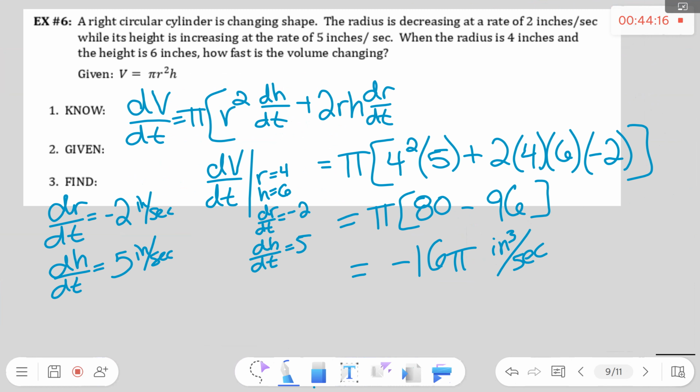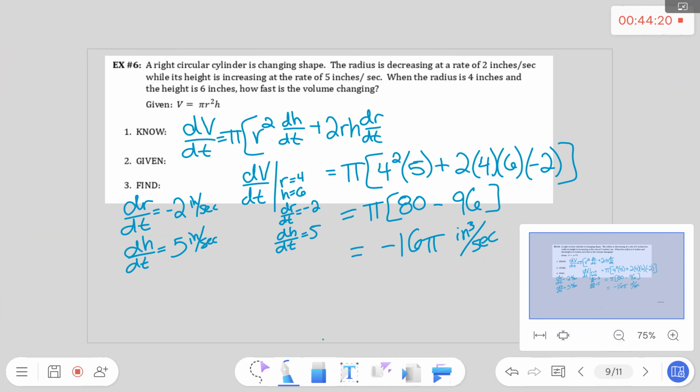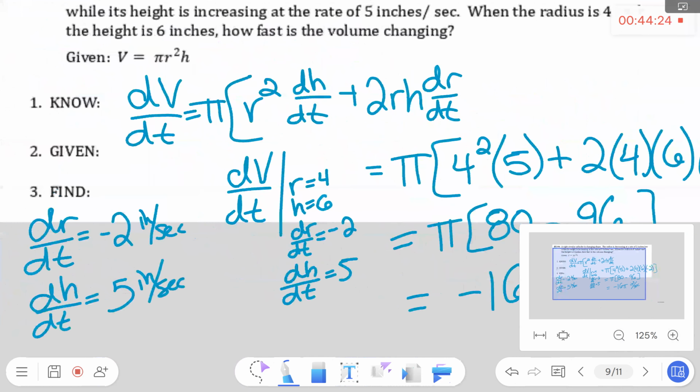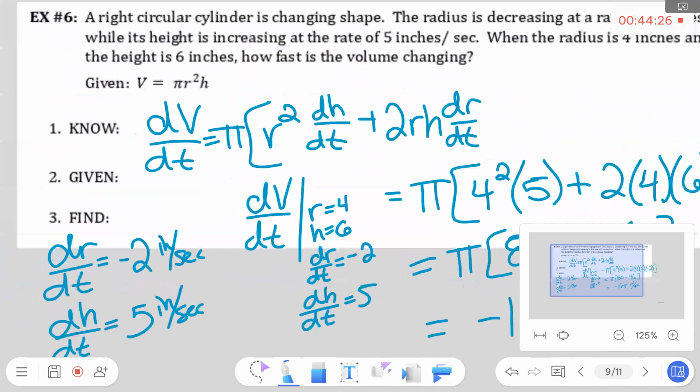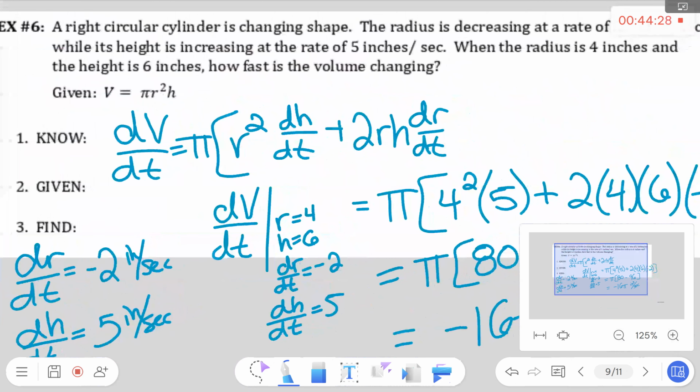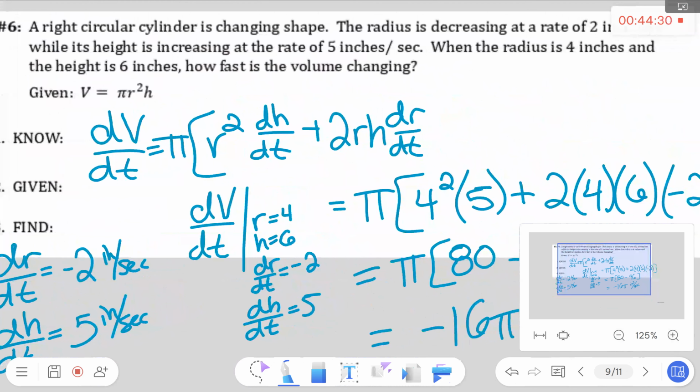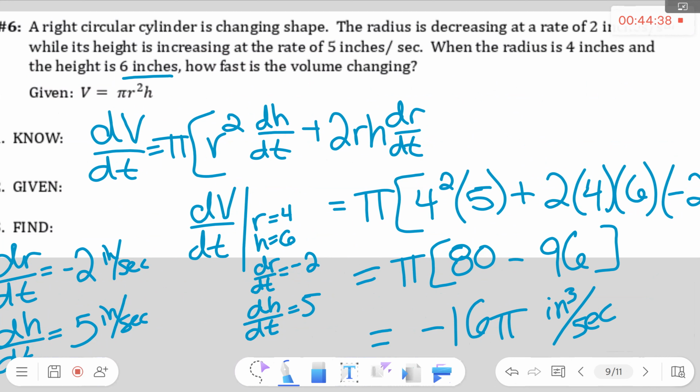So, let's see if I can zoom. There we go. What do I have? We've got linear dimensions.